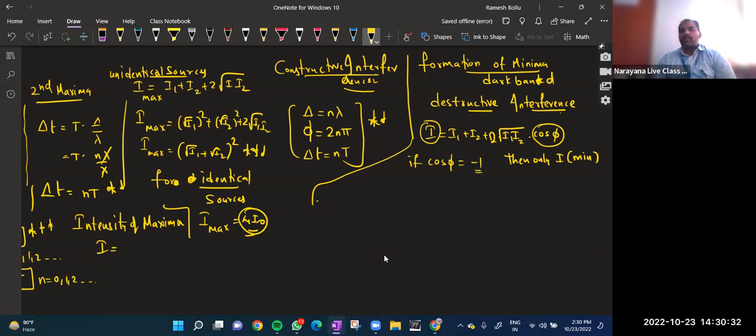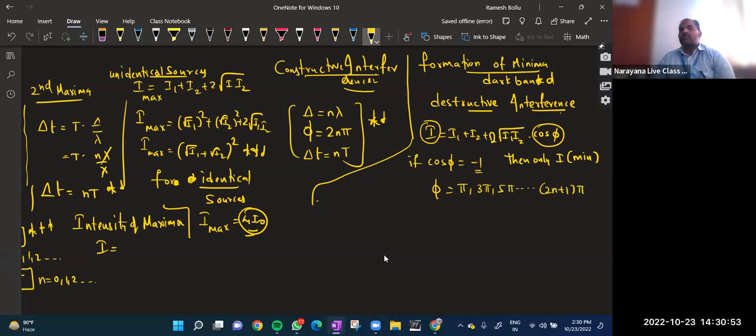Now tell me, what are the possible values, students? Pi is equal to pi, odd pi, 3 pi, and so on up to 2n plus 1 pi.